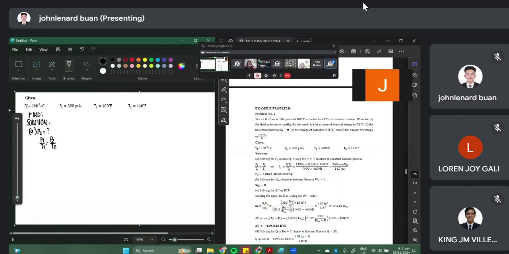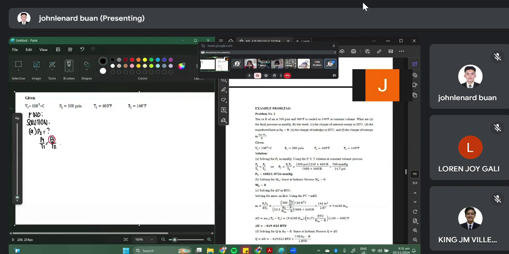Since ang pinapahanap sa atin ay P2, we can rearrange the equation. From there we have P2 is equal to P1... ay sorry, ang pinapahanap ay P2 pala, hindi po T2. Sorry, pinapahanap po ay P2.